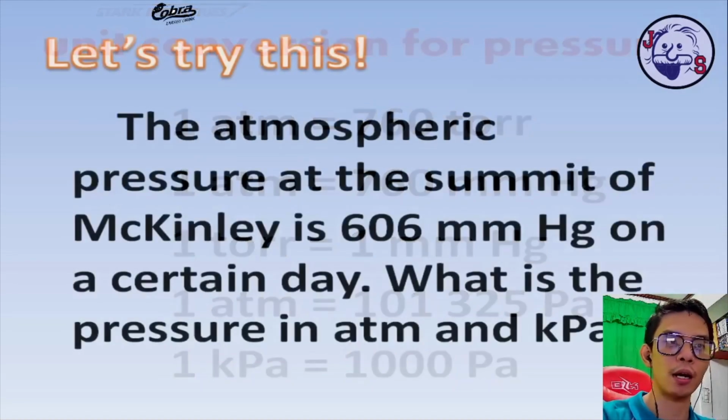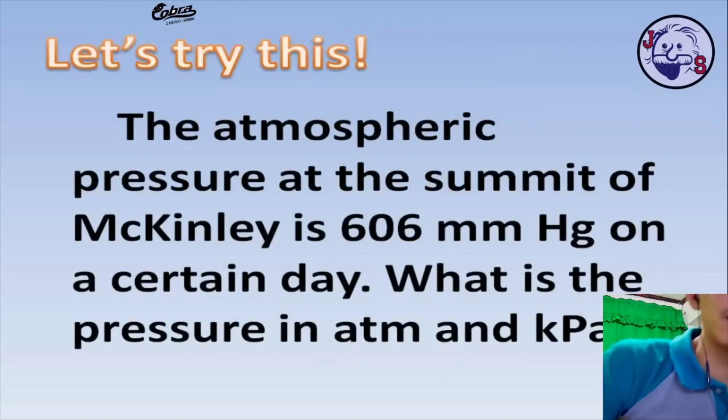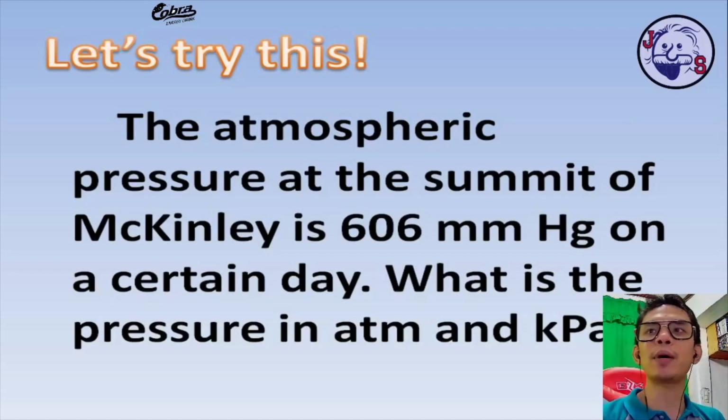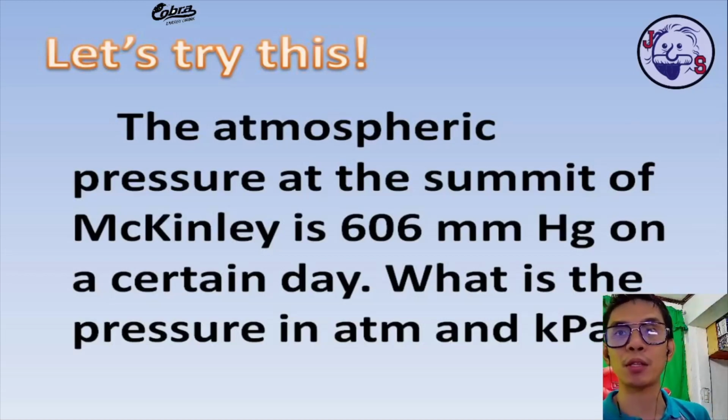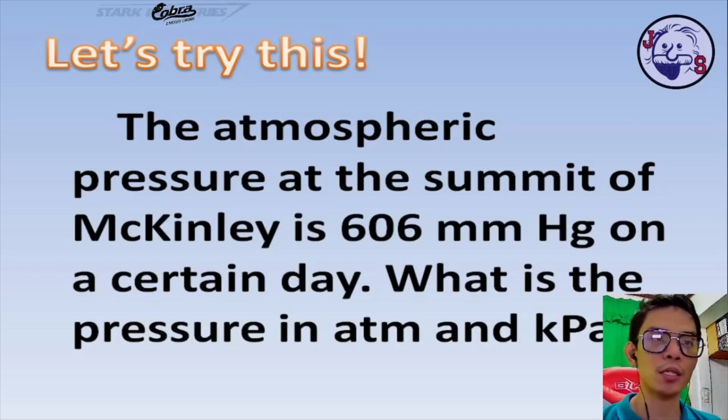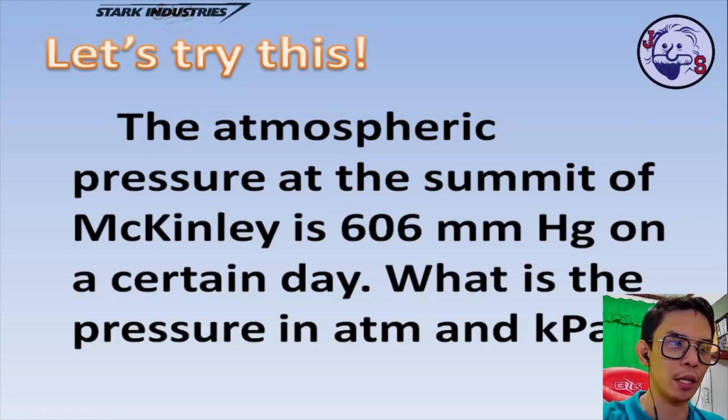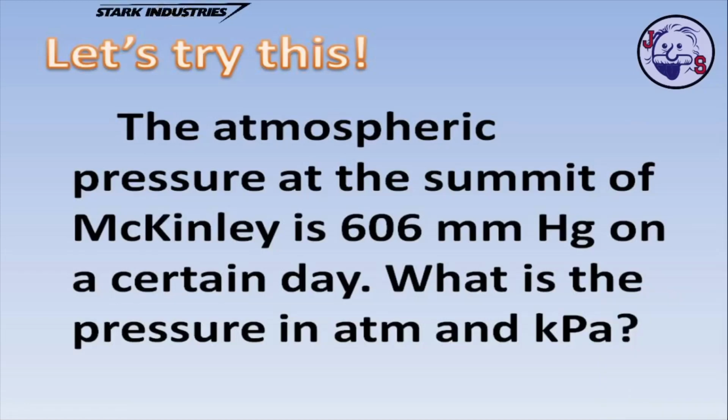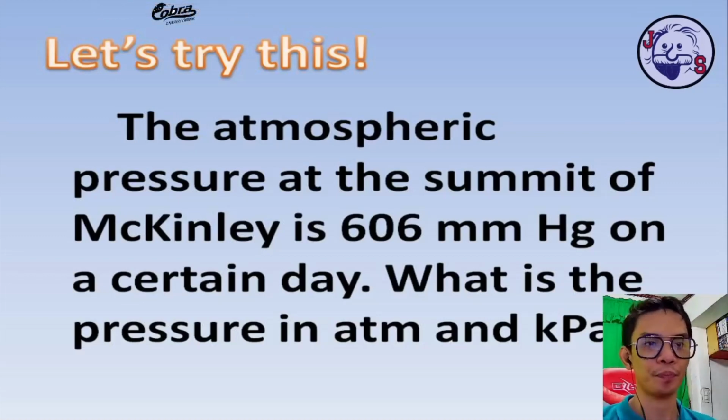Alright, let's try answering this one. Suppose we have an atmospheric pressure at the summit of Mount McKinley, which is said to be 606 millimeters of mercury. What is the pressure of that 606 millimeters of mercury in atmosphere and in kilopascal?